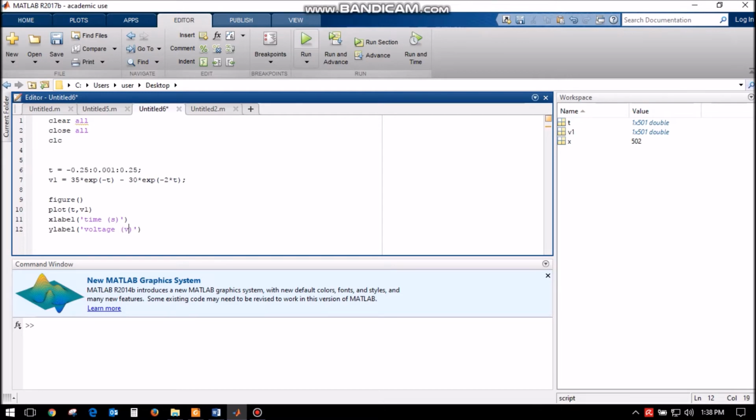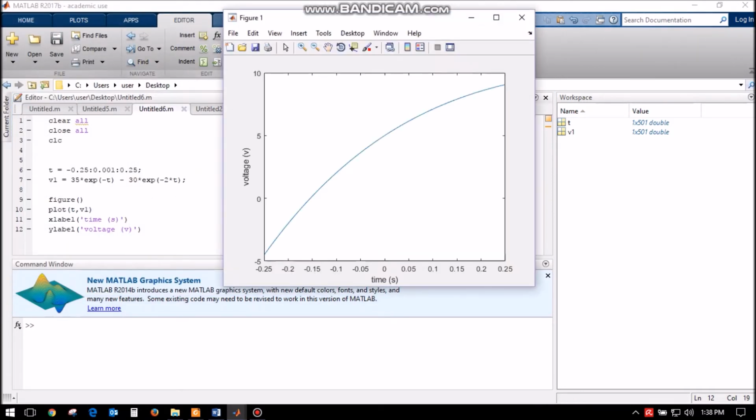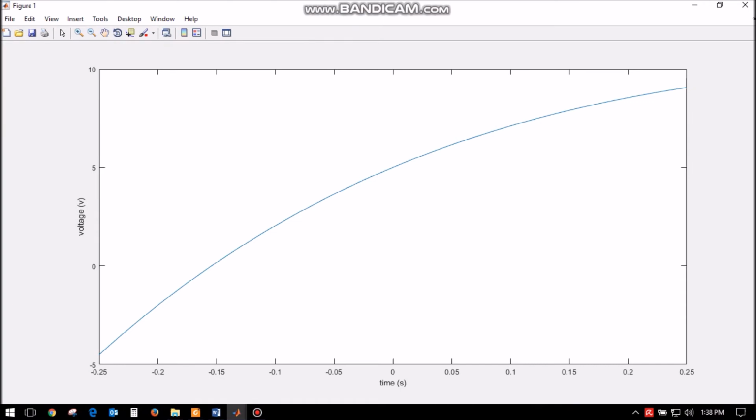So let's plot that. So this is the signal, from negative 0.25 to 0.25.